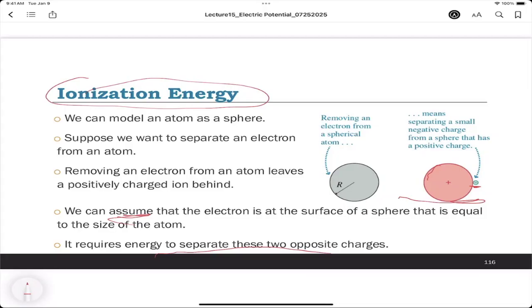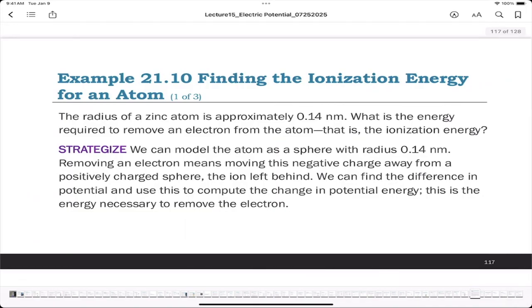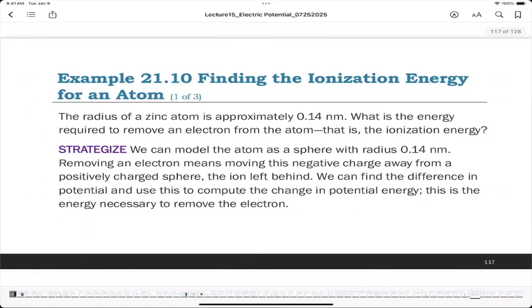Of course, if you want to separate those two opposite charges, it must require energy. So this is the process of ionization energy. Let's talk about one example, finding the ionization energy of an atom.